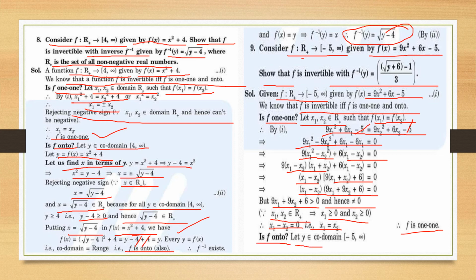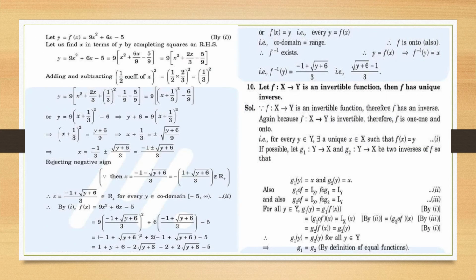So let y belong to the codomain, the semi-closed interval [-5, infinity). So for it, let y is equal to f(x) equal to 9x square plus 6x minus 5. So let us express x in terms of y, and here you will use the method of completing the square. So take 9 common, right?